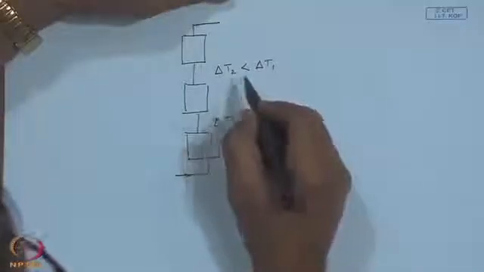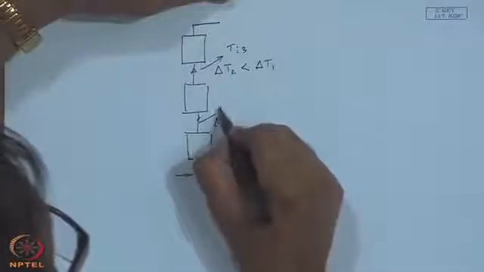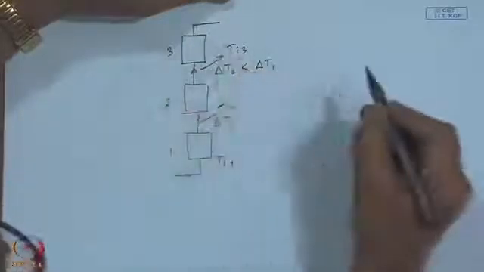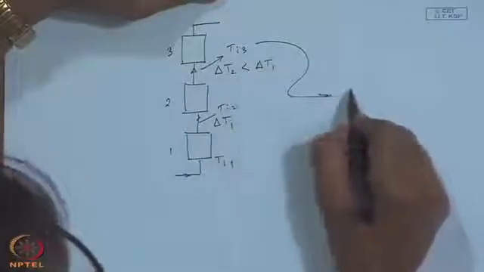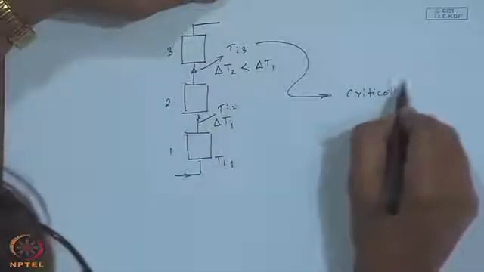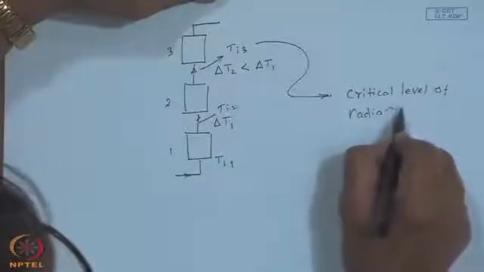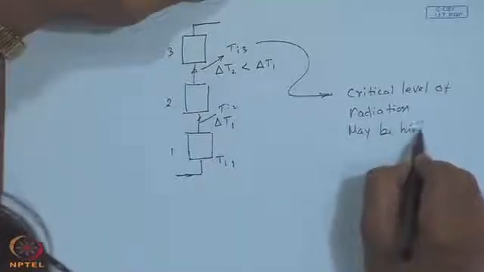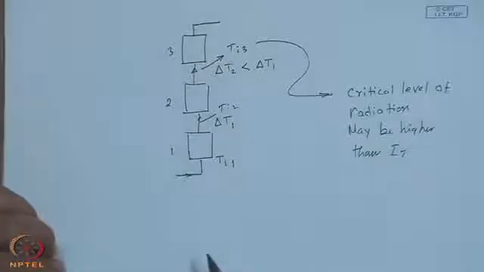Now, it may so happen that this T I 3, this will be T I 2, this I may call T I 1. So, T I 3 is much higher, consequently the so called critical radiation level may be higher than the solar radiation falling on the collector.